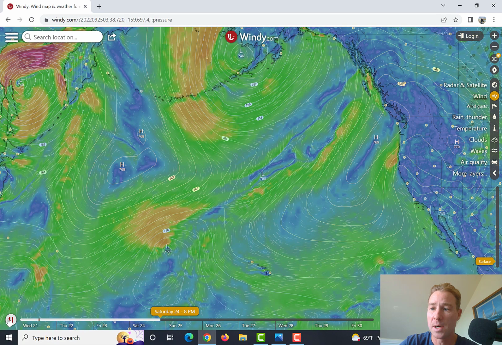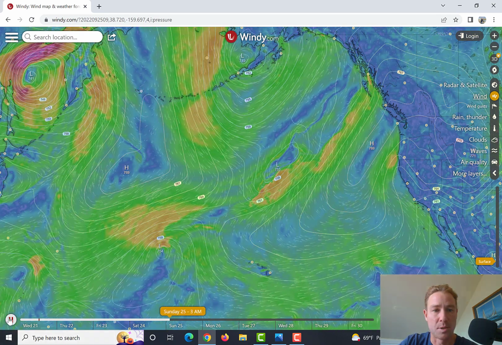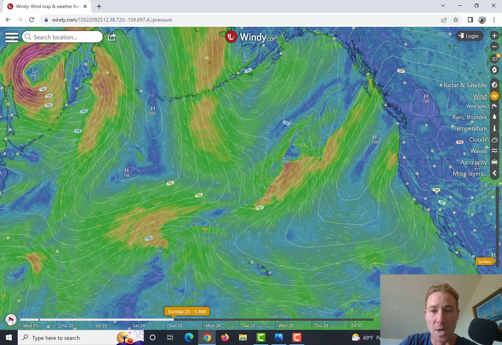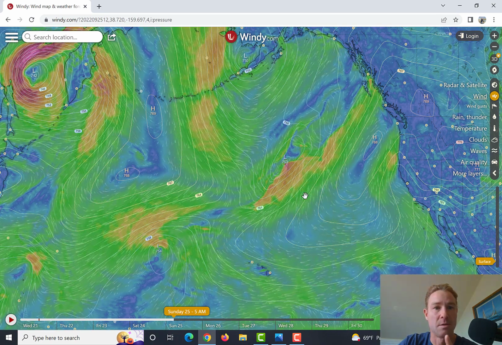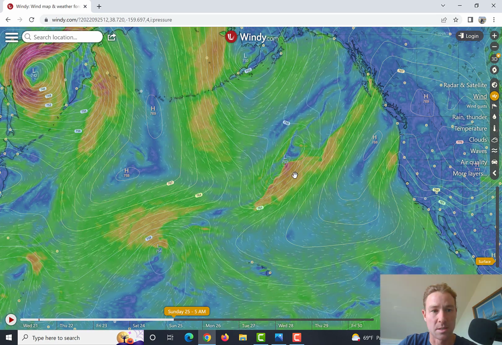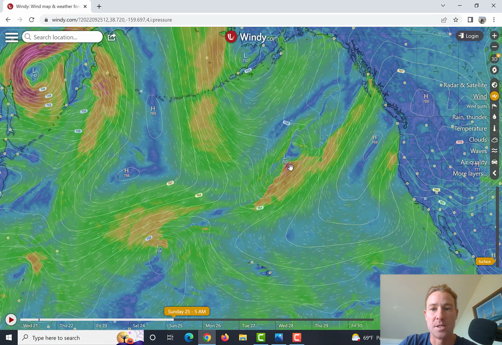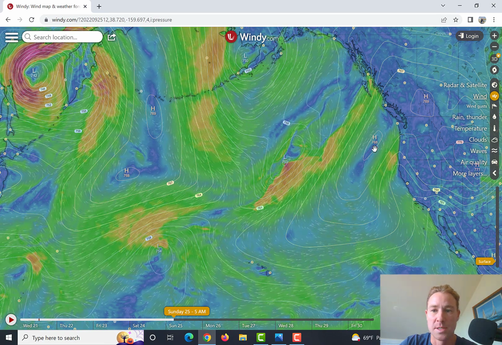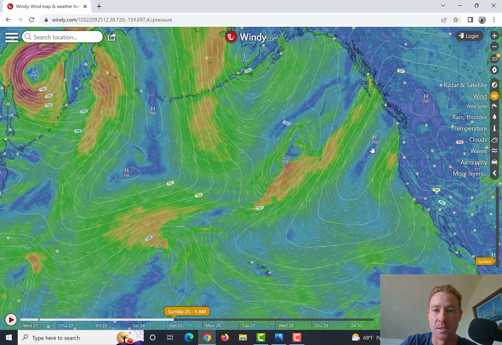Now, remember what I said earlier about fluids? That not only does high pressure like to move into low pressure, but the greater the difference, the faster the fluid moves. So in this case, in this animation, we're looking at wind. We're looking at air. And we see a high pressure, now I've paused it, off of the west coast of Oregon and Washington.